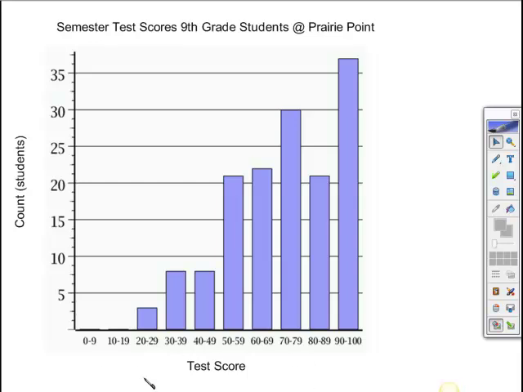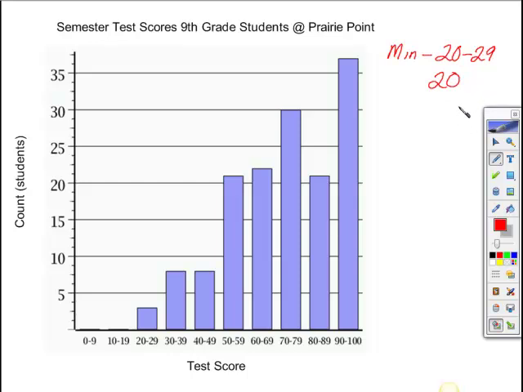We're specifically looking at the test scores, so we don't want to talk about minimums and maximums in terms of how many students scored where. We want to talk about their scores. So to clarify, our minimum would probably be anywhere between 20 and 29, and you can talk about that as an interval, or you could say our minimum is about 20.